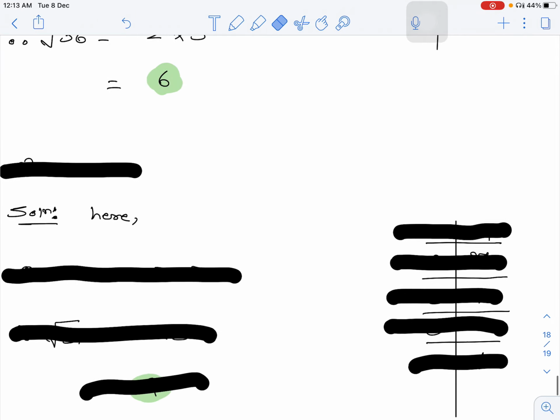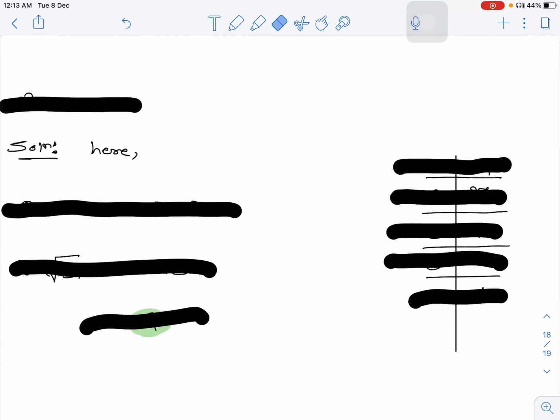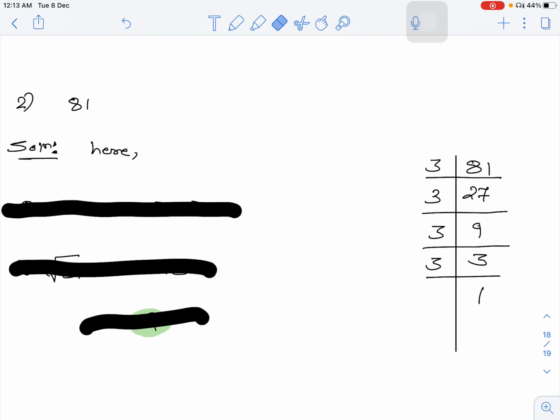Okay, let us consider one more example. Now our next number is 81. We want to find its square root by the prime factorization method. So first we will find the prime factors of 81. It can be written in this way.